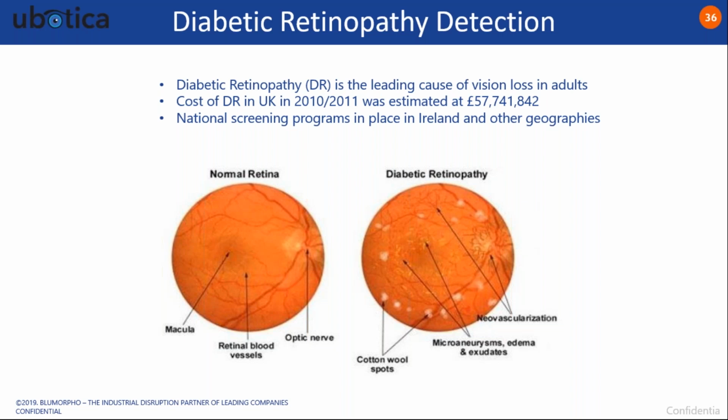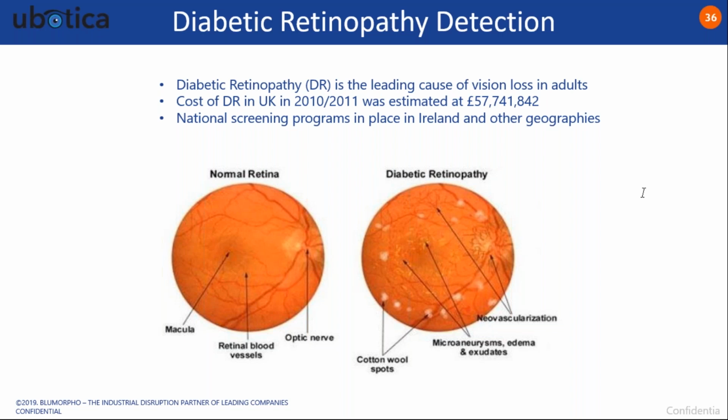Yep. So the diabetic retinopathy is the biggest cause of vision loss in adults in the Western world today. And it kind of falls under the radar because it's only a subsect of our population that suffer from it, those with diabetes. But it is so prevalent that countries such as Ireland, the UK, and other geographies within Europe have actually put in national screening programs to try and detect this condition early on, where it can be mitigated through medical treatment.